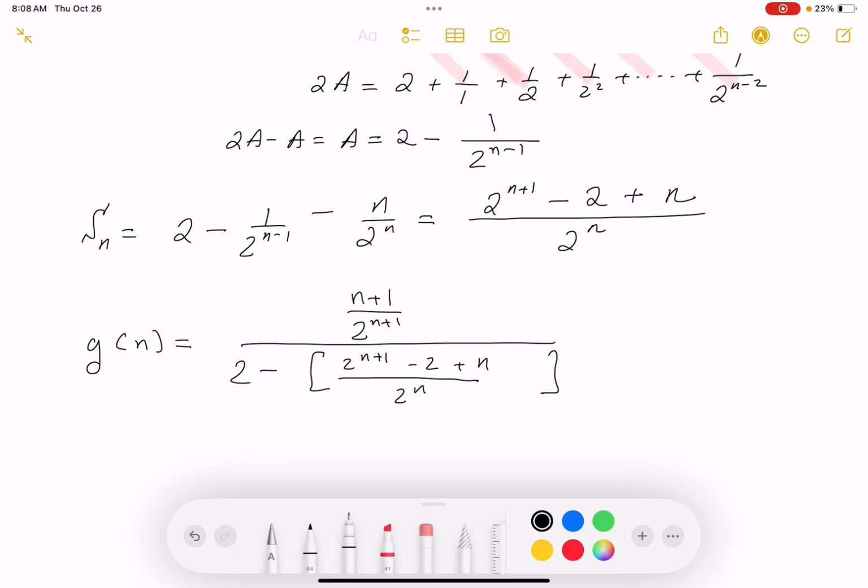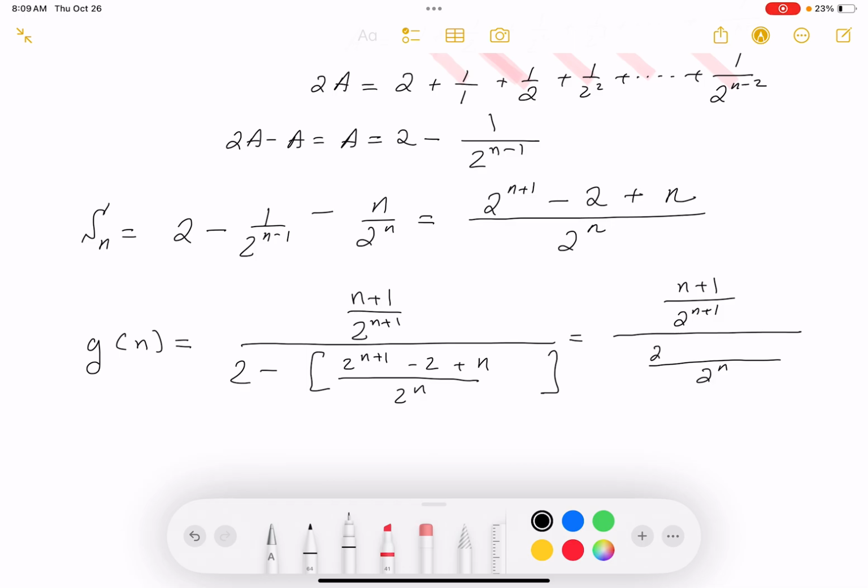Well, I'm going to multiply top and bottom by, you know what, I'm just going to do the bottom first, by the way, because it looks kind of complicated, doesn't it? So you get n plus 1, 2 to the n plus 1, and in the bottom, it's come down to 2 to the n.